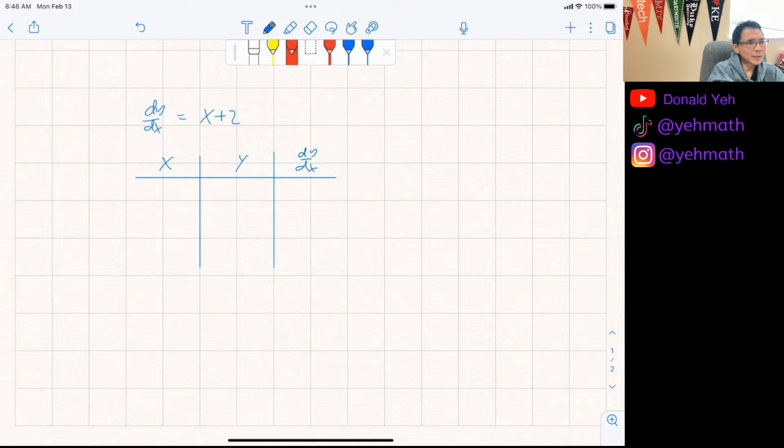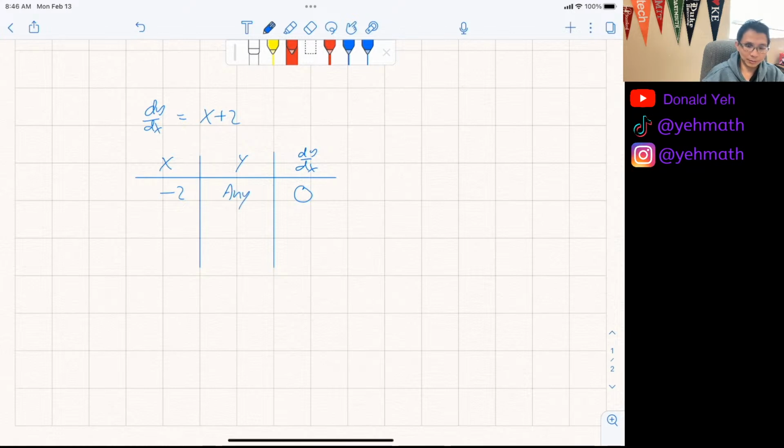Now, this slope equation only depends on the x value. It does not depend on the y value, because dy dx is equal to x plus something. Now, can you tell me, when does dy dx equal 0? When does that happen? X is equal to what? -2. And y doesn't matter. It could be any other number.